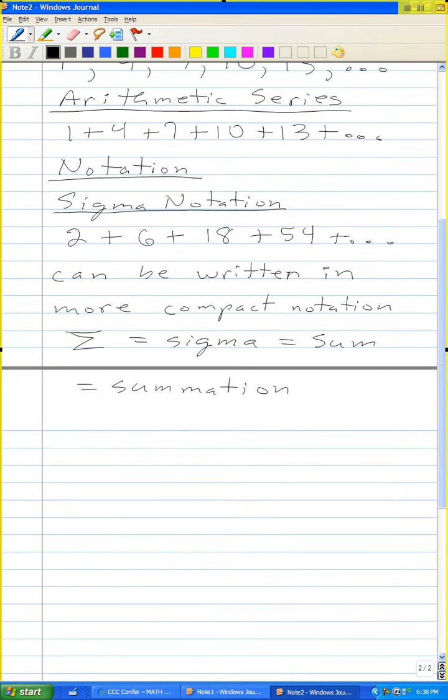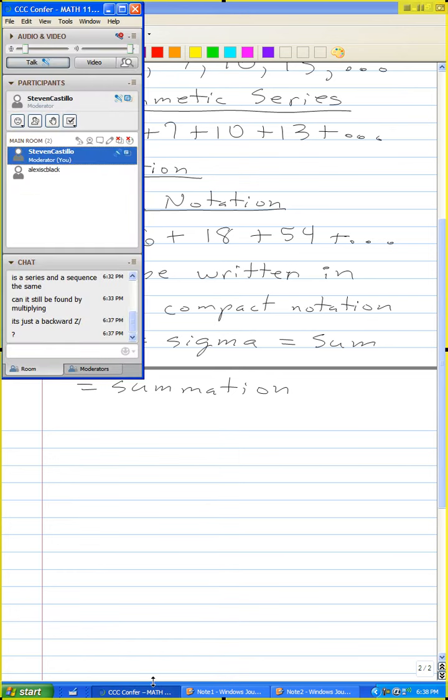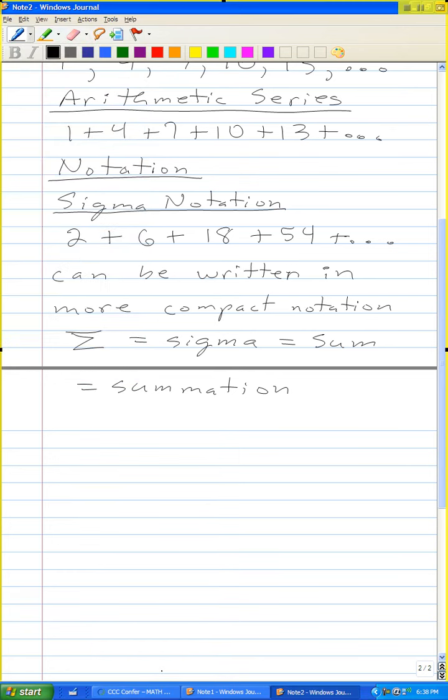I haven't told you what it is yet. Actually, it's a Greek letter. It is the Greek letter sigma. If you ever go by a college that has a fraternity or sorority, you'll see the Greek letter sigma.